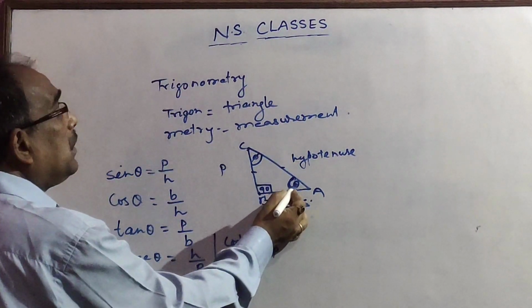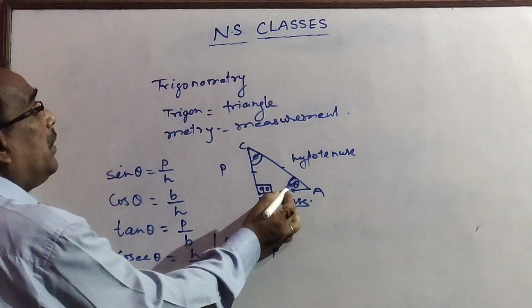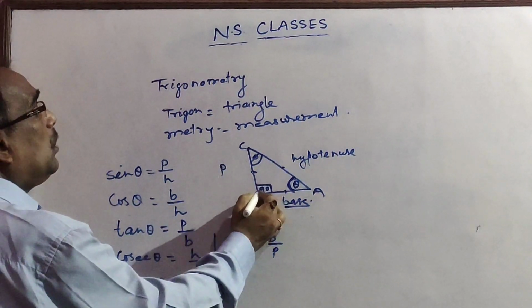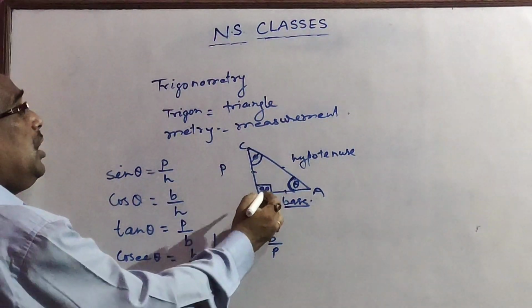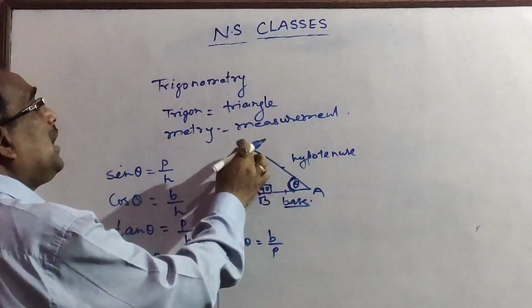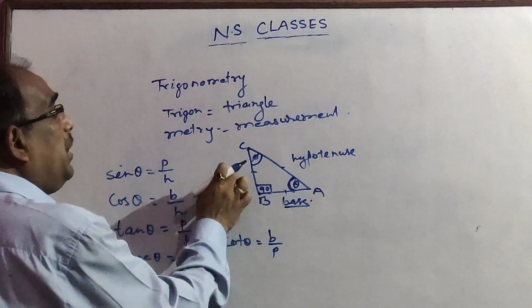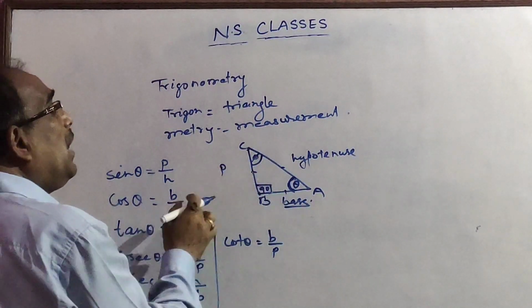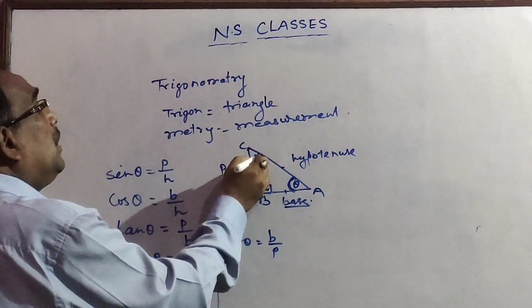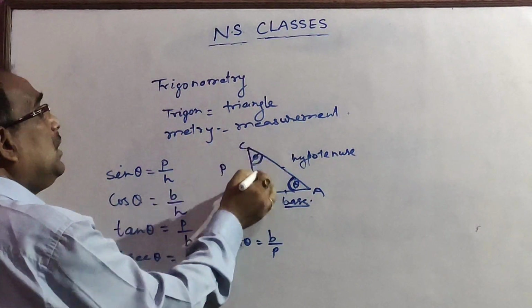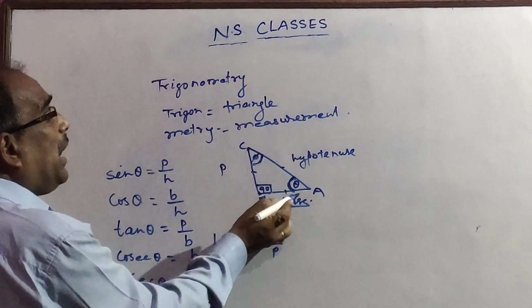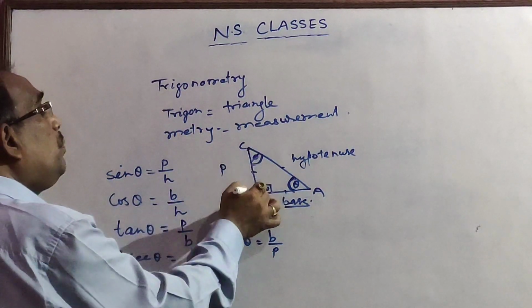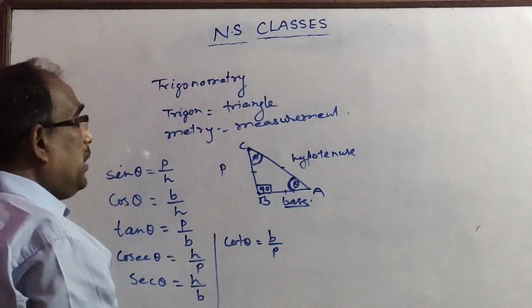For this acute angle theta, the side opposite to it, CB, is the perpendicular, and the side opposite to angle B is the hypotenuse. This hypotenuse never changes, and base and perpendicular change with each other when the angle changes. Suppose angle C is taken: for this angle the opposite side AB will be the perpendicular, the hypotenuse will be AC and BC will be the base.